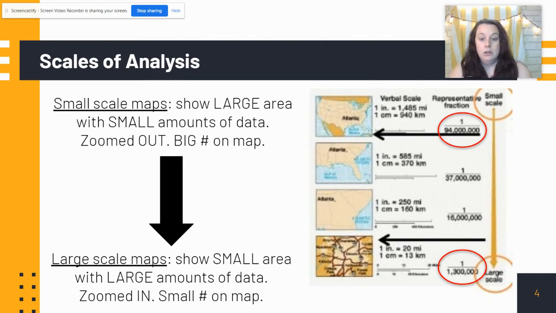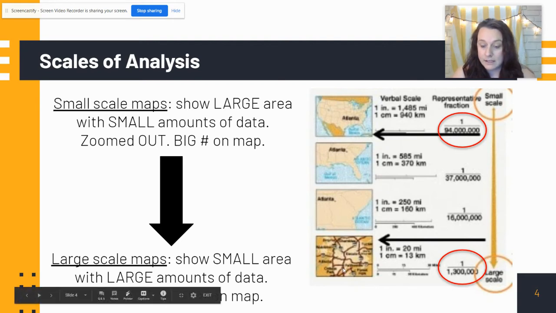So if you look, right, this is the smallest scale map. Then we zoom in a little bit, and then we zoom in further. So we're increasing the scale, right? And then finally, this is the largest scale map because it shows the city of Atlanta and the highways that connect within that city. And so this is a smaller area than our initial small scale map, which makes it large scale, right?